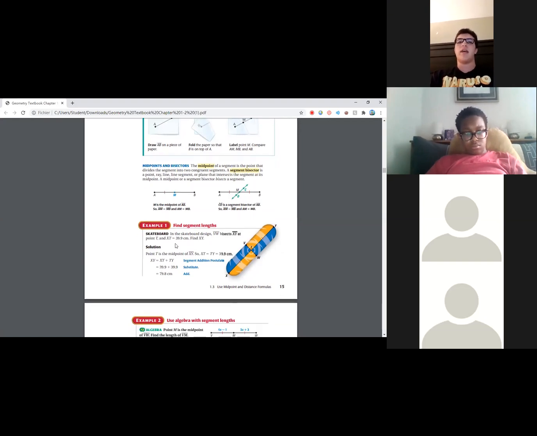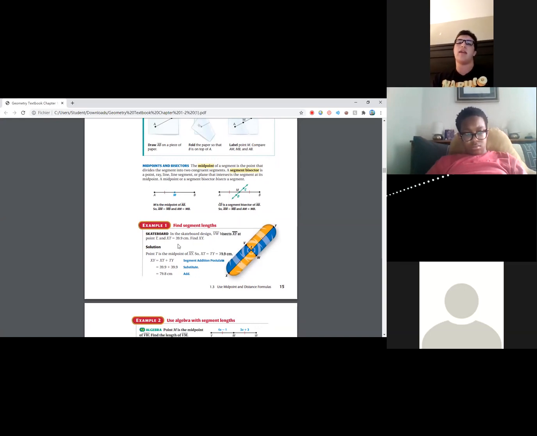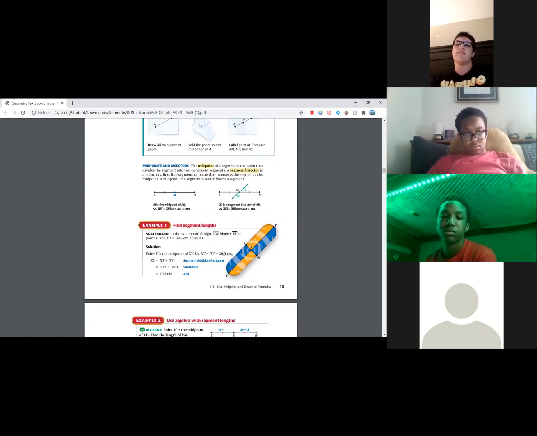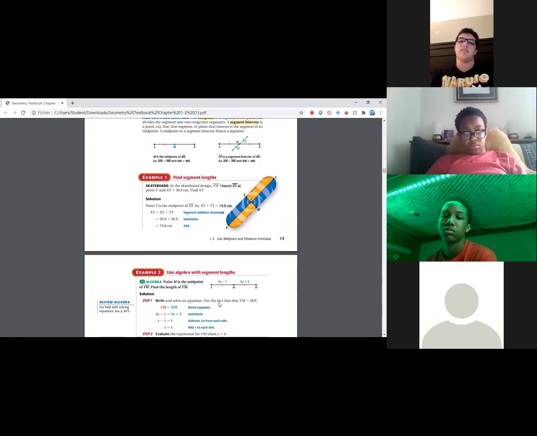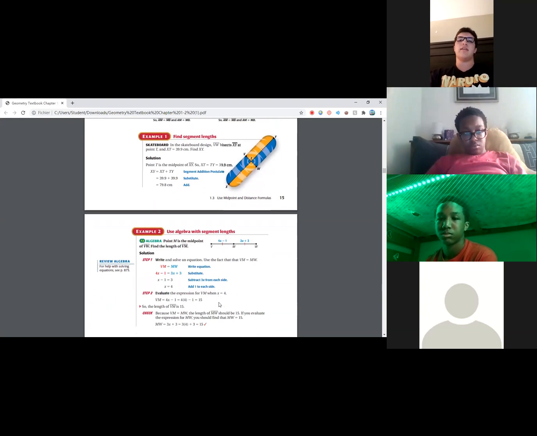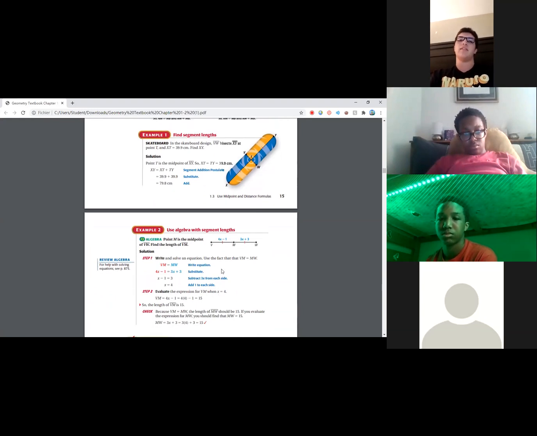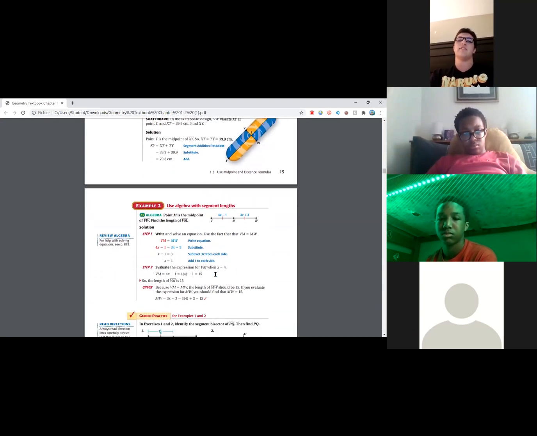They know that XT equals TY, and XT is 39.9 centimeters. So the length of the whole line, XY, is 39.9 times 2, since these two parts of the line are the same length. I guess I'll just go through the examples that they give, and then we could try some problems afterwards.